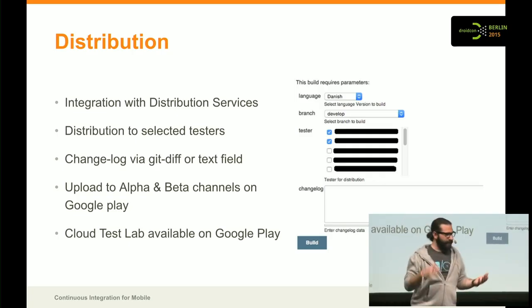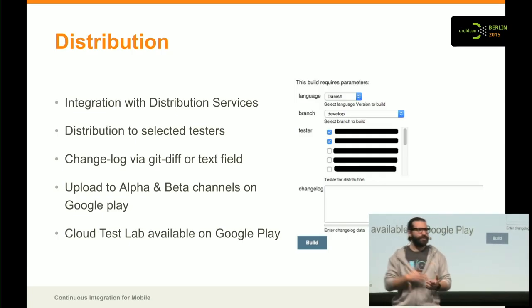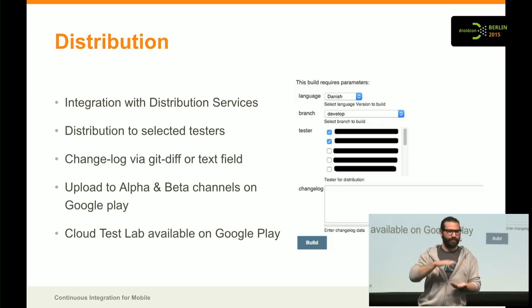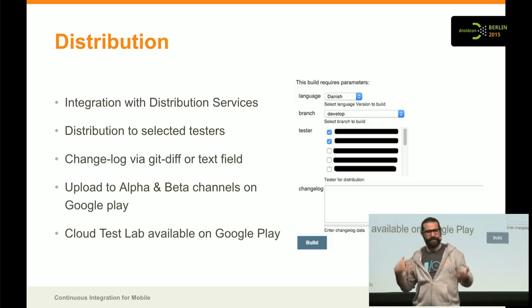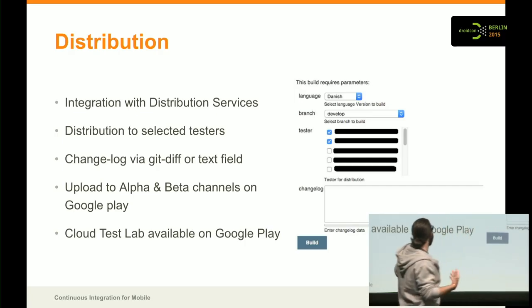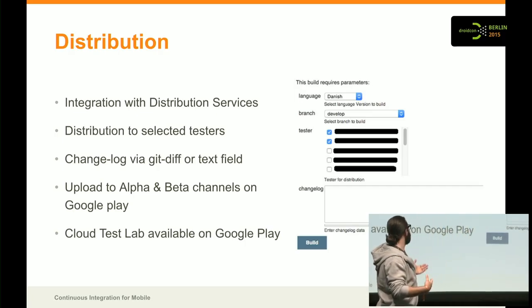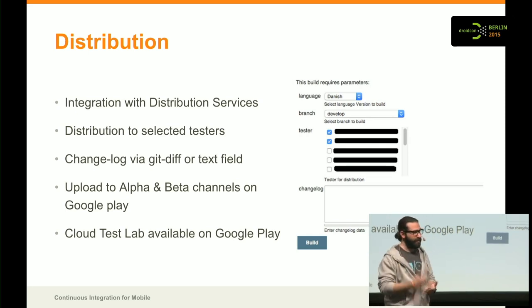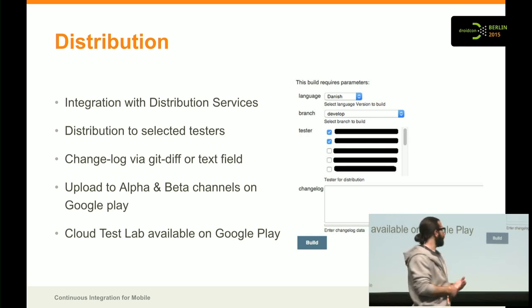Then the thing you can do about distribution and your CI server is add a level of customization for each build. You can either have templates that do it all out of the box, or you can give your input while you set up a build. You can select testers, and not just testers, you can select everybody you want to get the build. You can form your changelog.